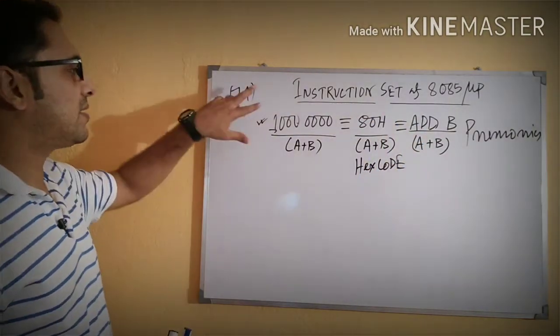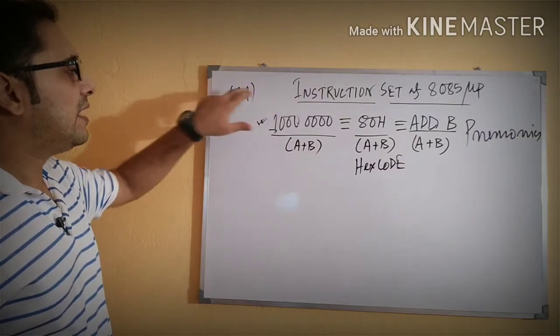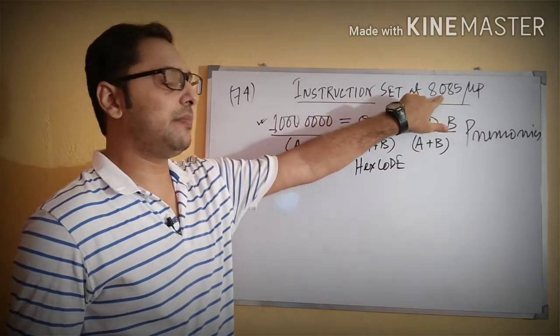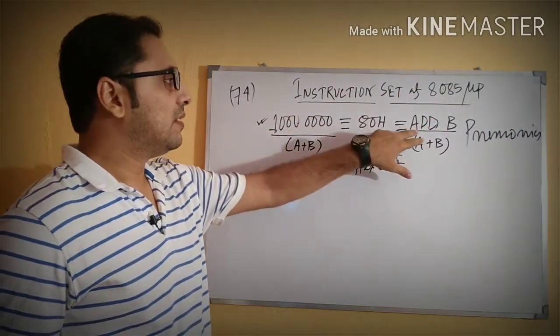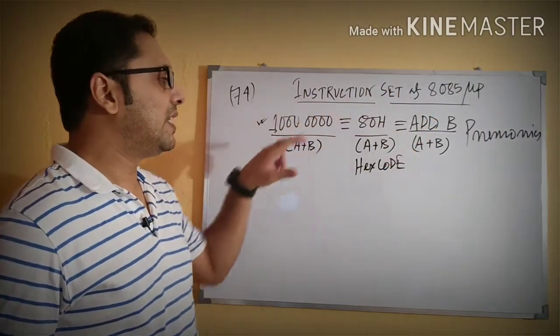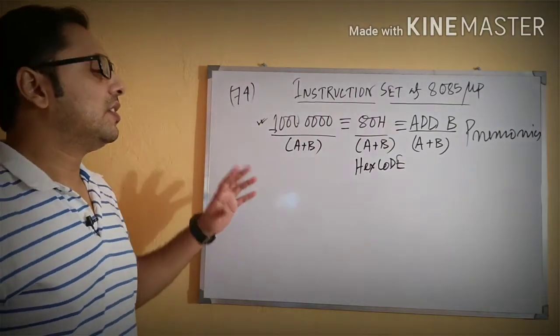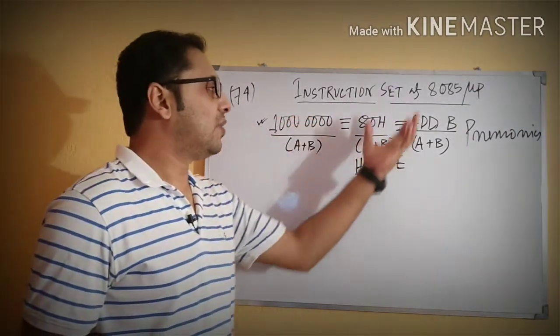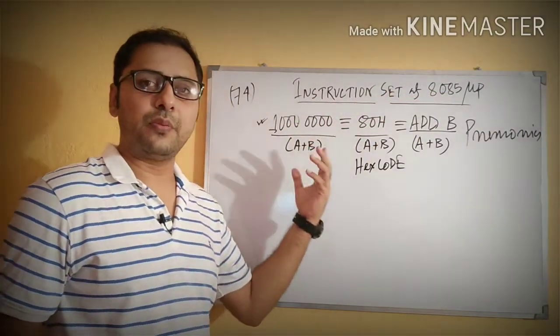Now today's topic is that we need to understand this kind of instructions available for the 8085, because we know the instruction gives us the power to design our own program that can be executed by this processor to perform our own task.